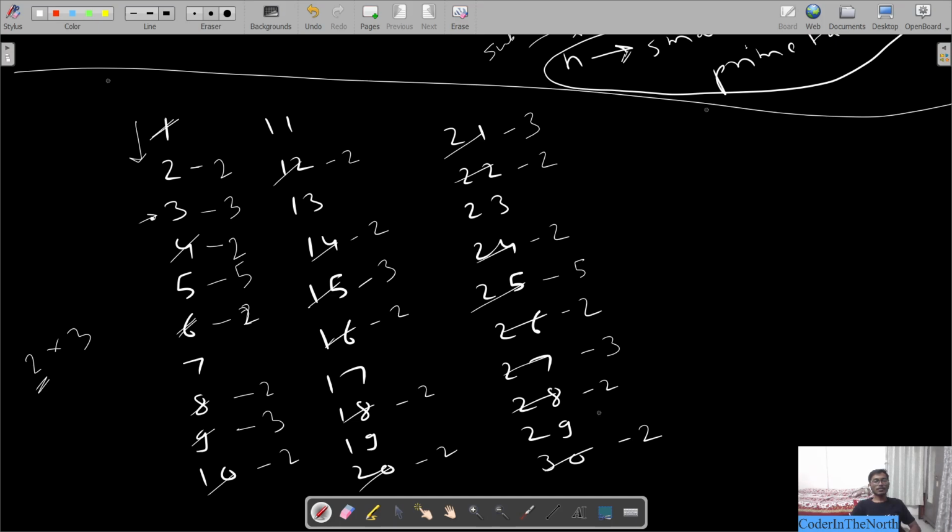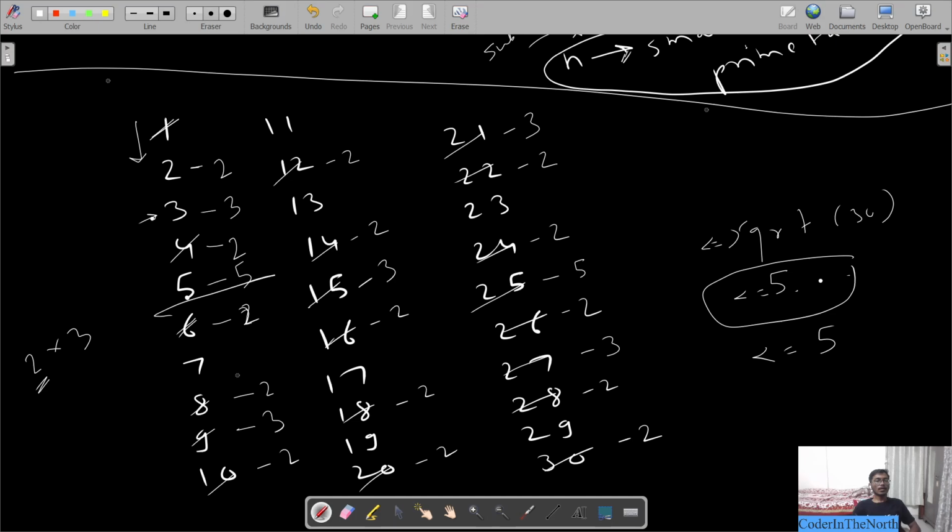And in this case also, what is the square root of 30? We are going less than or equal to it, so it will be 5 point something. So we are only checking till 5. What we have to cross check now: does any prime number after 5 have a multiple within this range of 30?